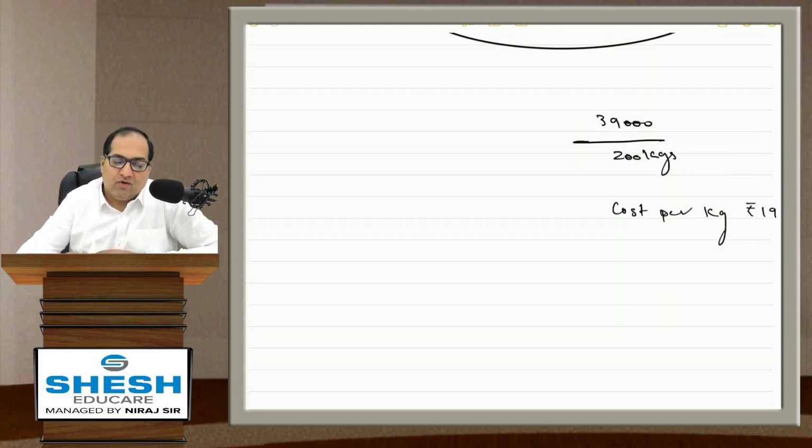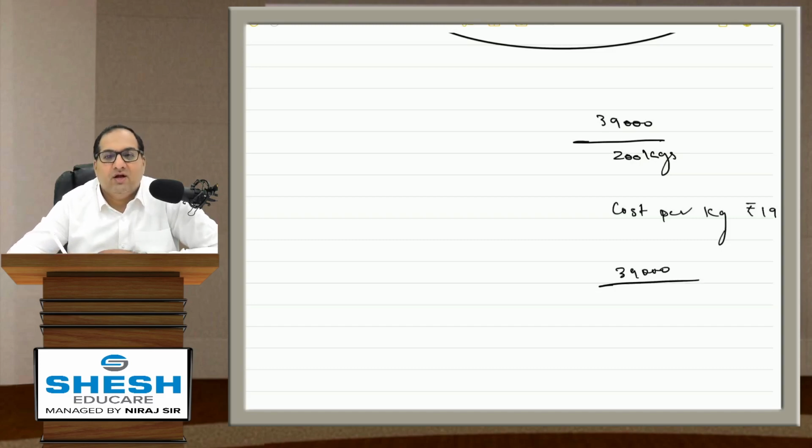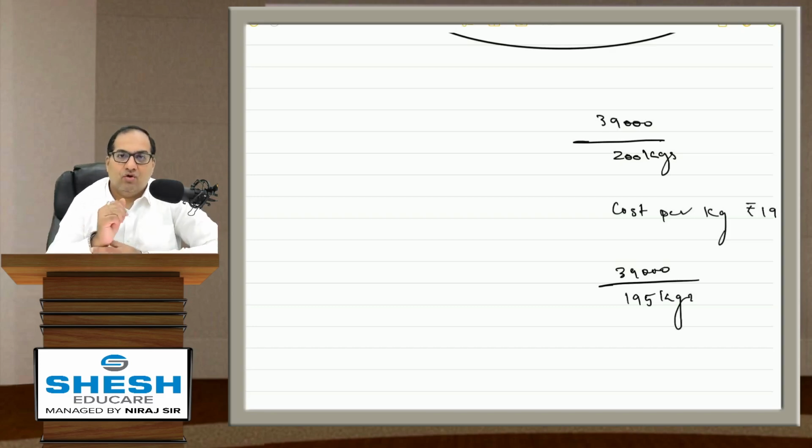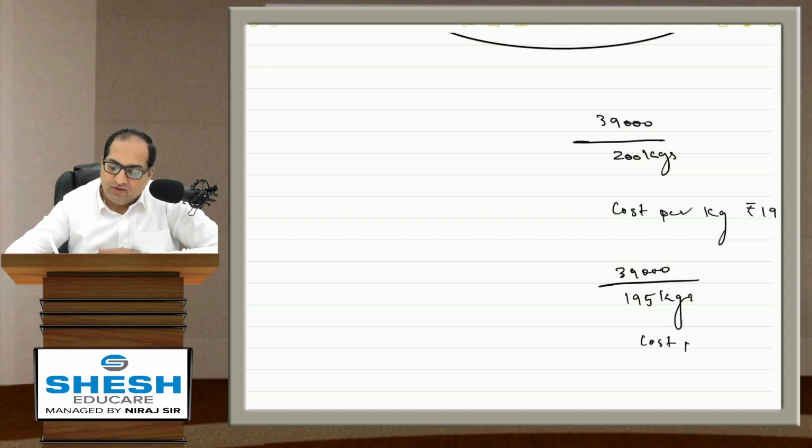Now I'm telling you the opposite. If 5 kgs is your normal loss, it is given, then you don't treat 39,000 as the cost of 200 kgs, but you treat 39,000 as the cost of 195 kgs. So, in that case, 39,000 divided by 195 will give you 200. Cost per kg is 200.